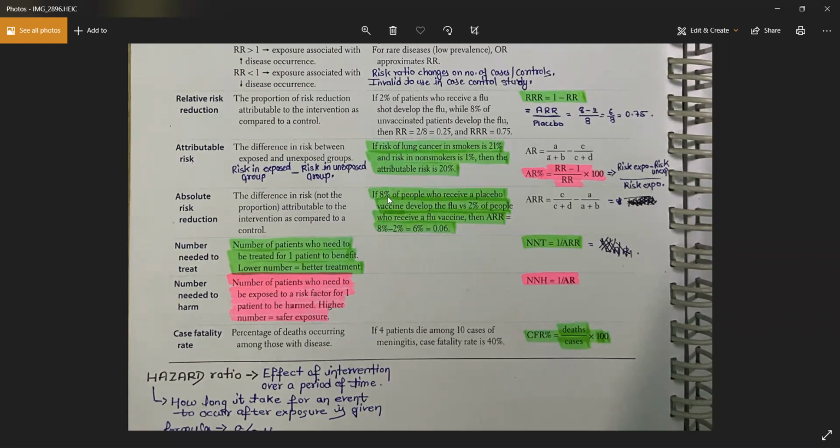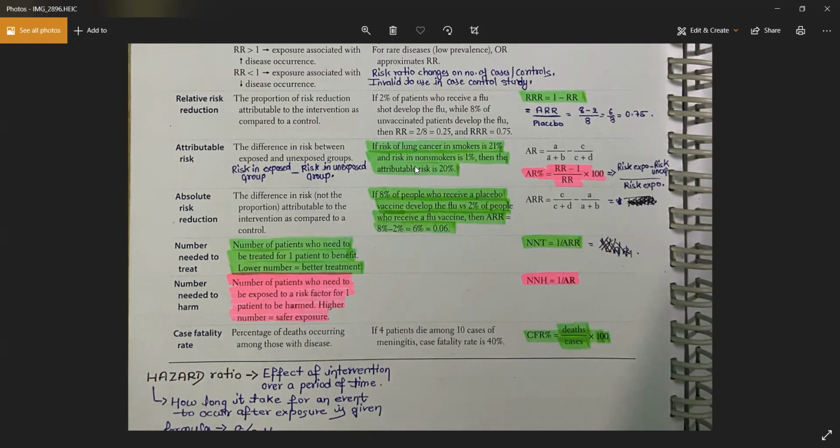For example, out of 8% of the people who receive the placebo, they develop the flu. And 2% of the people who receive the flu vaccine develop the flu. So what is the absolute risk reduction? This will equal 8 minus 2, which is 6%. This is the attributable risk. Sorry, absolute risk reduction.